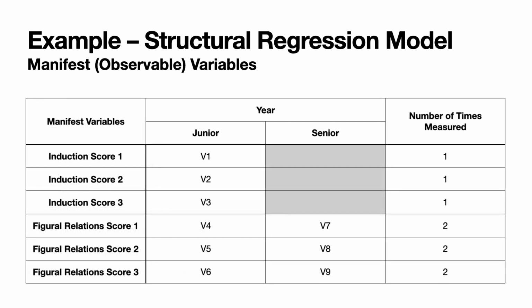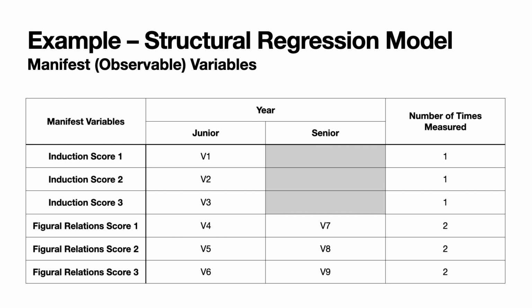Here is a table that shows a little more information about how these variables are related. In the left-hand column, we've got the name of the types of manifest variables. So we have induction scores and figural relation scores. And for each, we have 3 variables, 3 indicators. So we have induction score 1, induction score 2, and induction score 3.